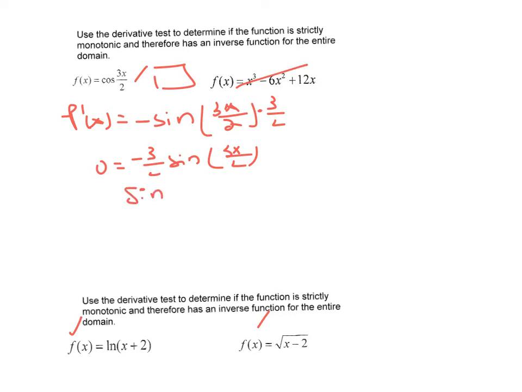If you don't remember how to solve something like this, you're literally looking for where sine equals 0, and then you can set the parentheses equal to that. So what I would do is say 3x over 2 equals wherever sine equals 0.